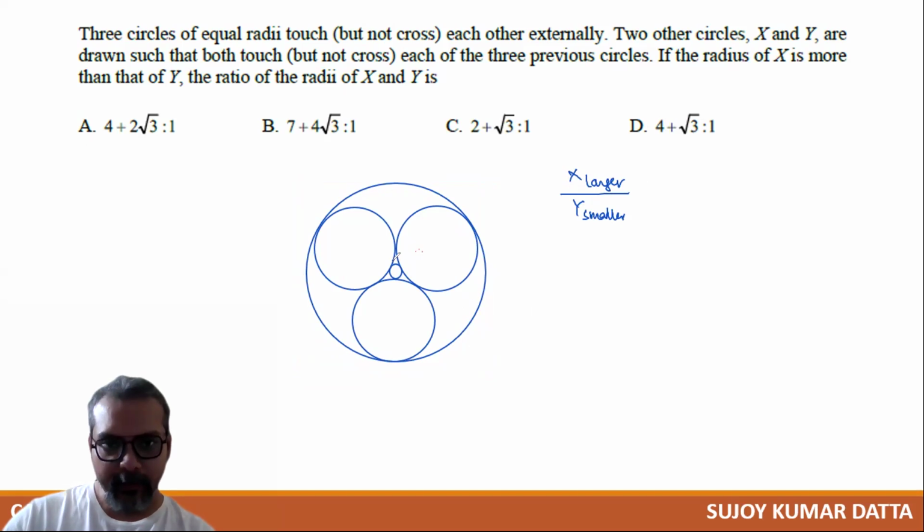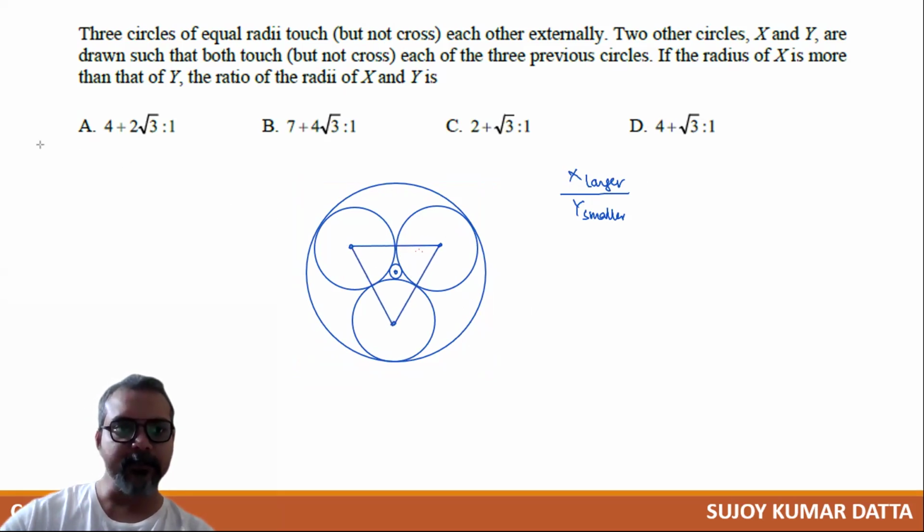Okay. So taking this as the center, and if I join the centers of the three circles, the first three circles, so we will get an equilateral triangle because all the circles have the same radii. So let us say the radii is 1 because we are only interested in the ratio. So it doesn't matter what we take.